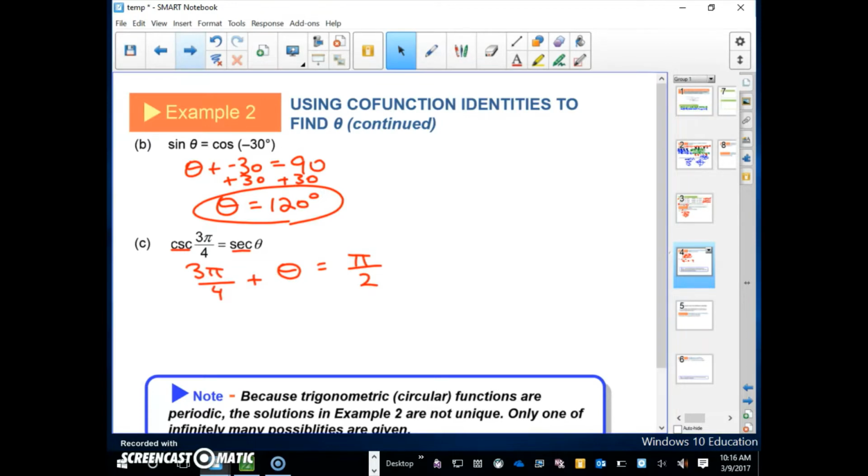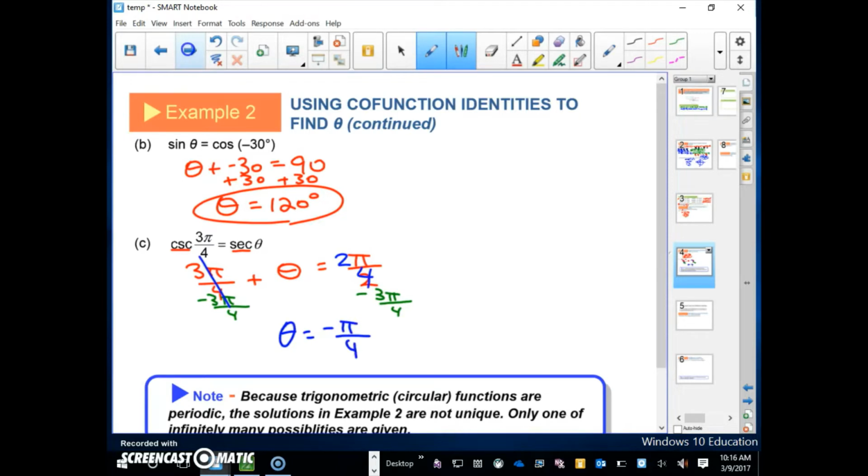I'm going to solve that equation for theta. So I'm going to subtract 3 pi over 4. But when we subtract fractions, I'm going to get a common denominator. So let's call this 2 pi over 4 instead of pi over 2. So let's just subtract 2 pi over 4 minus 3 pi over 4, and you can see that theta equals negative pi over 4.